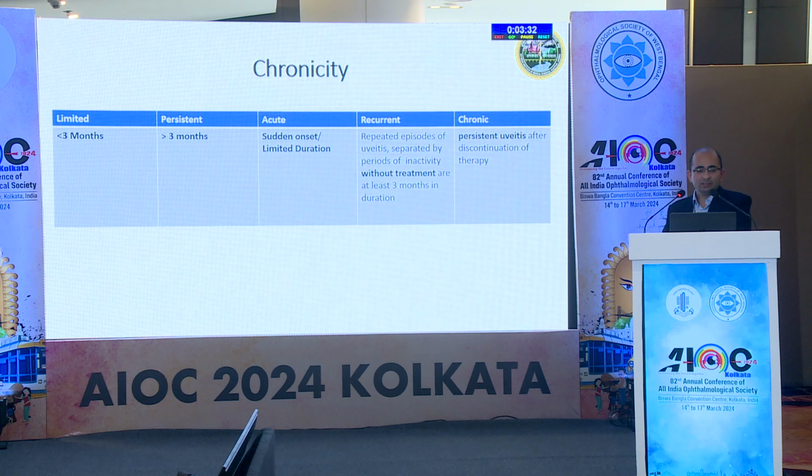Then the duration of the disease, whether it is limited, less than 3 months, or persistent, greater than 3 months, whether it has been an acute onset of the disease or this has been a chronic disease. Again, in cases of HLA-B27, the patient will exactly know the day and the time when the disease started. So this is how we can probe into the history and arrive at a case profile of the patient.